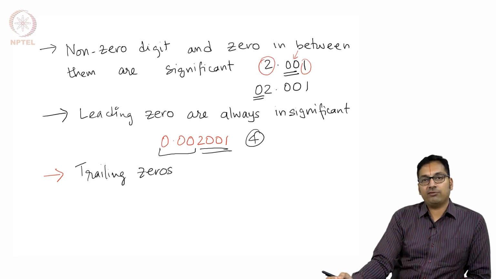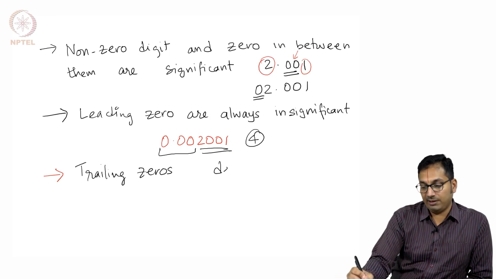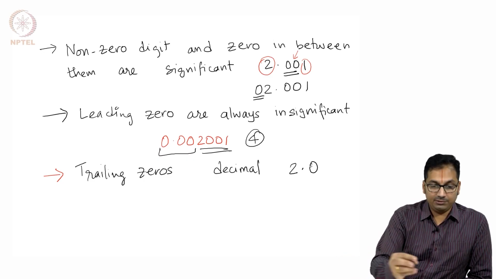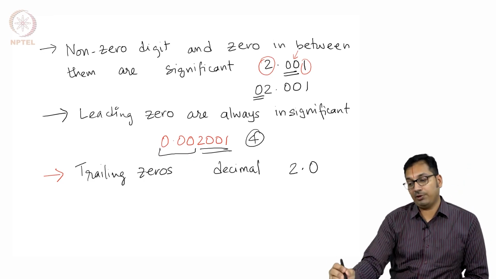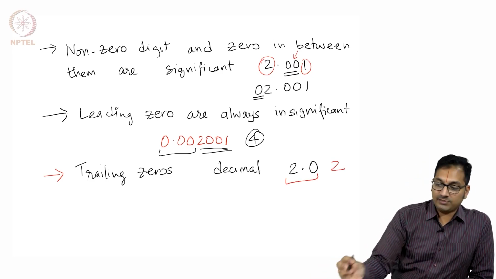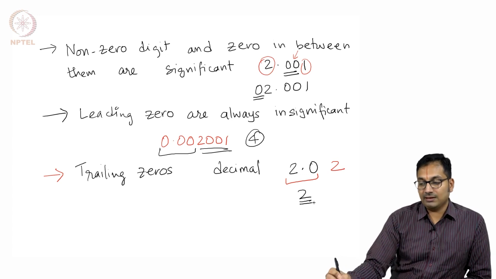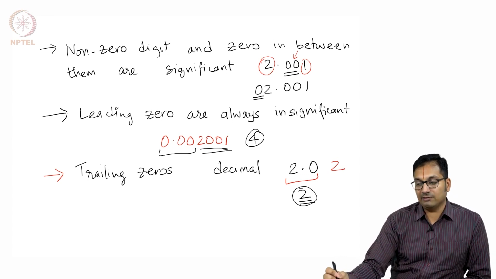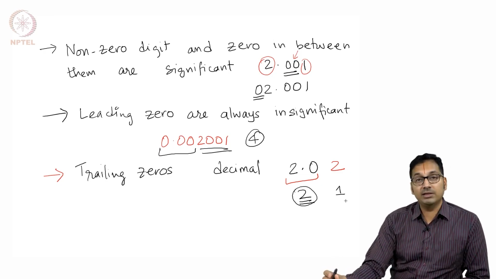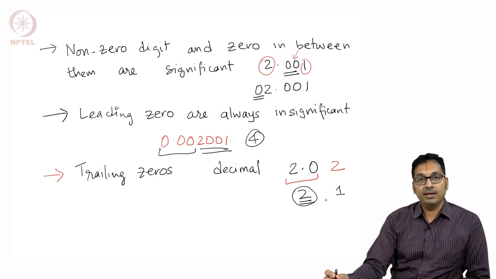So one has to be a little careful here. Let us say there is a decimal point involved. So let us say we are talking 2.0, and if this is given as 2.0, then this has 2 significant figures. On the other hand, if somebody just writes 2, this indicates that this number itself is significant, or rather the variability in uncertainty comes from that value itself.